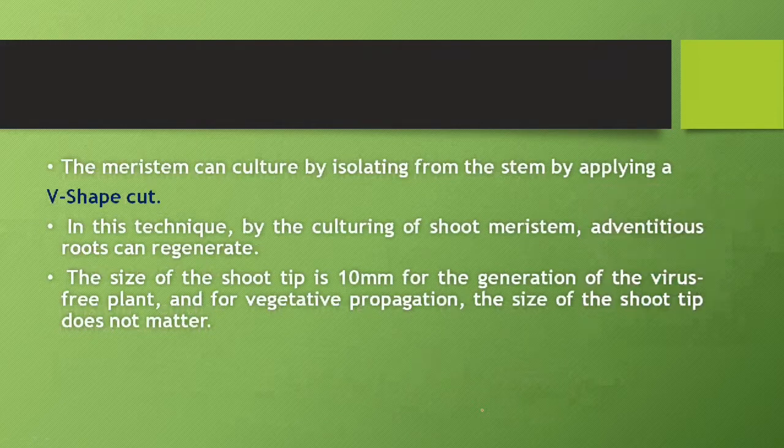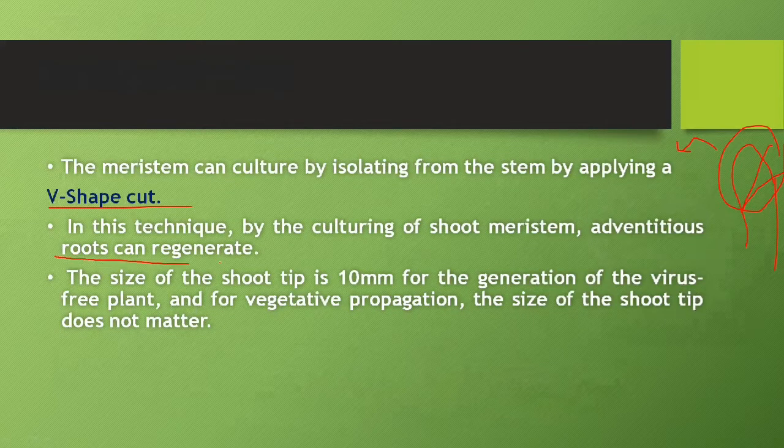Now the meristem can be cultured by isolating the stem. Suppose this is the stem of the plant and this is the meristem. We have to cut this meristem in a V-shaped cut, and then we take this meristem. In this technique, by culturing the shoot meristem, adventitious roots are generated.